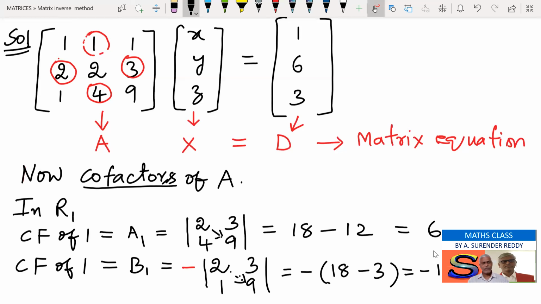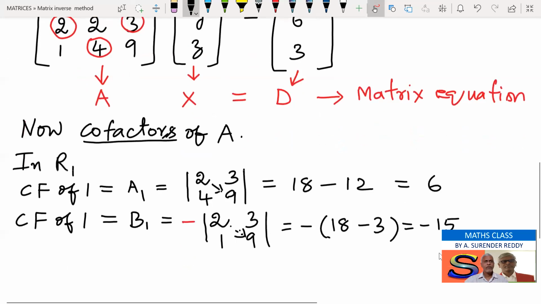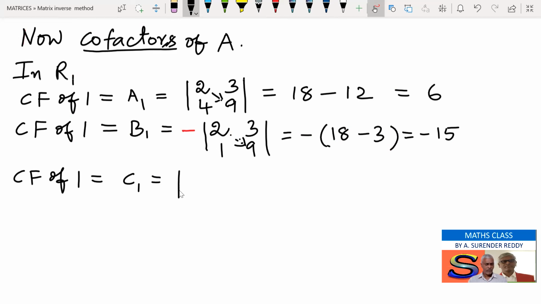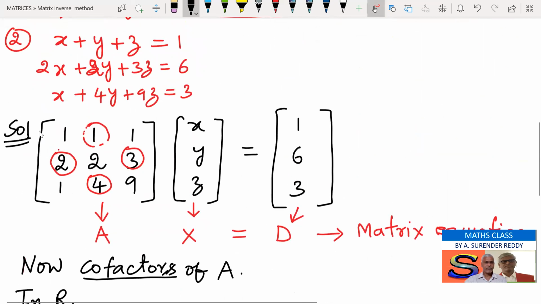And similarly, the cofactor of the first row, third element, that is also 1. Let us name it as C1. Excluding the row and column in which the element lies, leave the first row and third column.